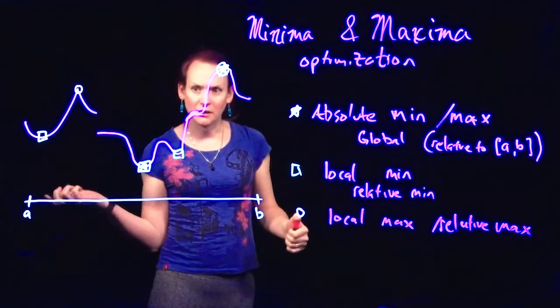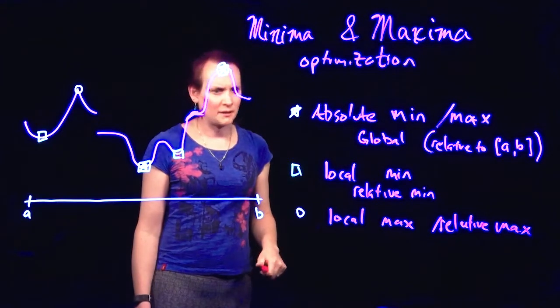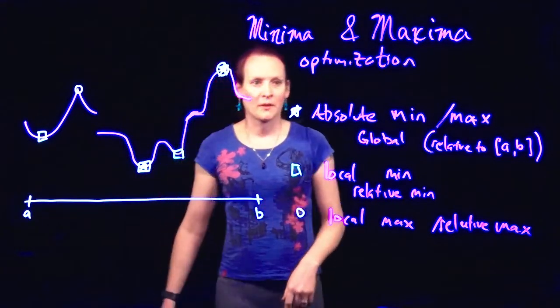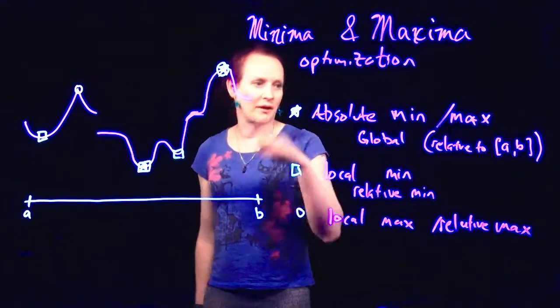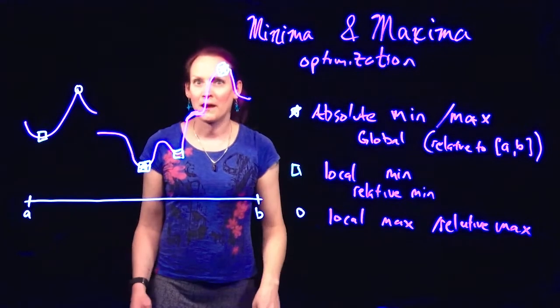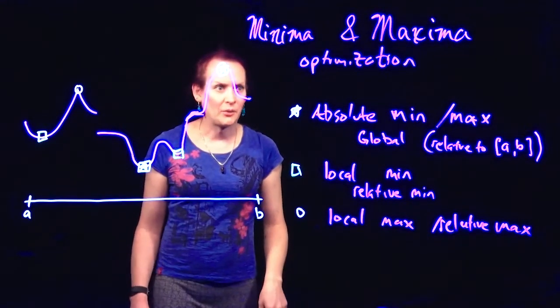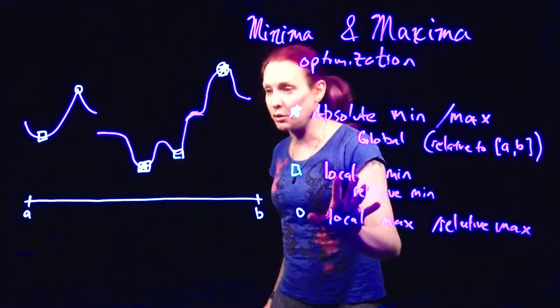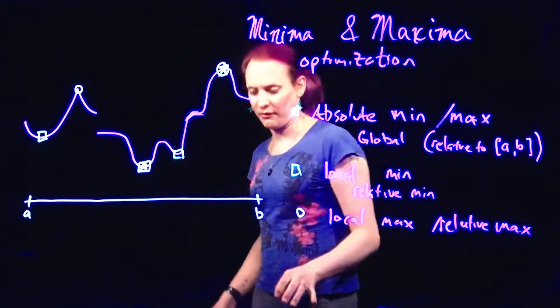So we've got locals and globals, relatives and absolutes. I kind of think that, yeah, whatever. My opinion doesn't matter. These are the words that there are. So absolute means that of all of the locals, it's the biggest.